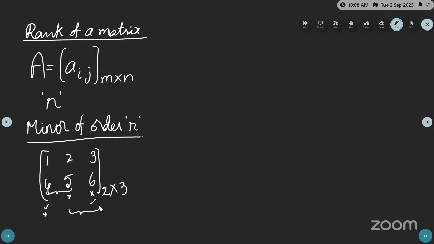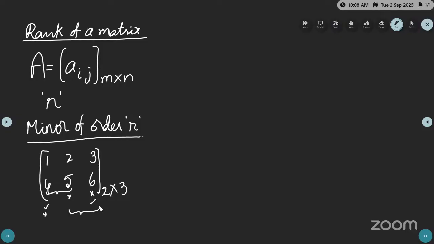You're going to get different submatrices of order 2 by 2. Same order, but the determinants are also different. May not be same. So you may get different minors of same order for any given matrix.